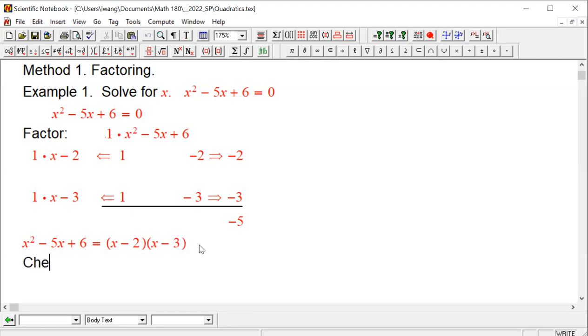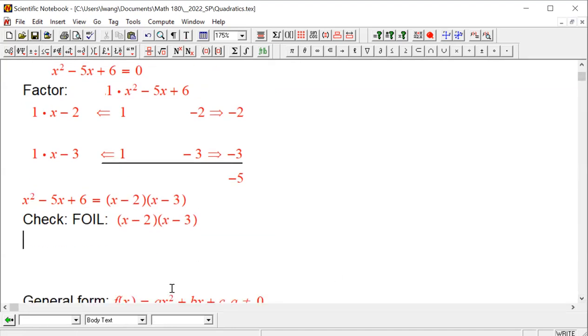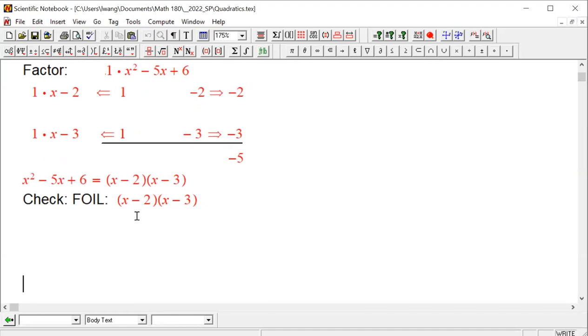You can always check whether your factoring is correct by FOIL. So you take X -2 times X -3, and you can check it. When we check it, we basically just FOIL, right?